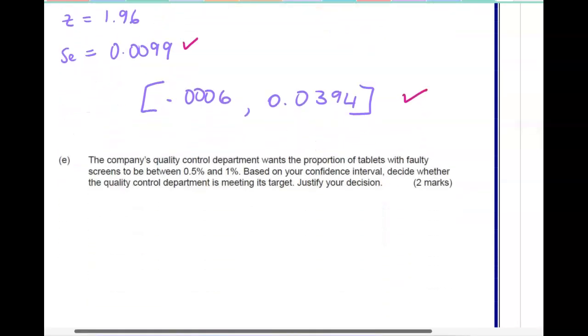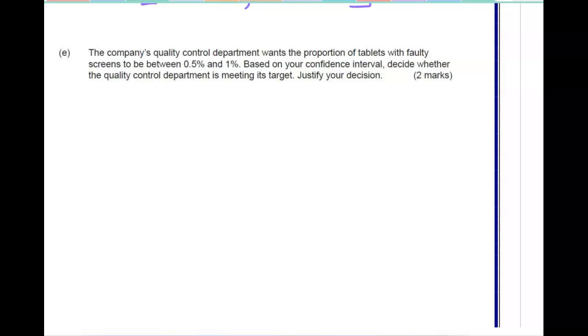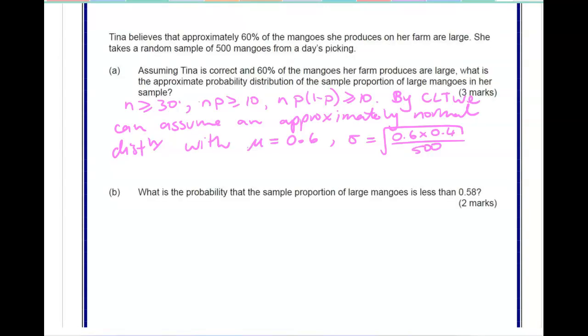What about part E? Are we done? What do I know? Here, that first line is important because we can justify the approximation because of those 3 things being satisfied.